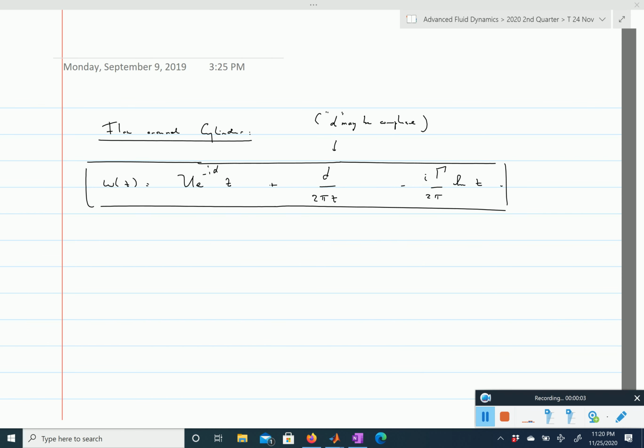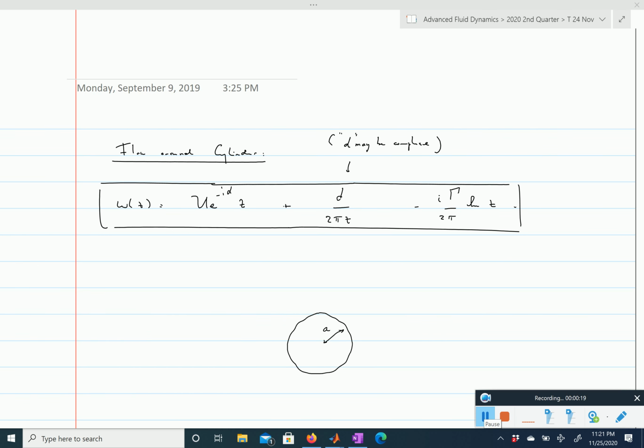Here we rederive the flow around the cylinder, but this time using complex potentials. And so what we want to find is the flow around a cylinder of radius a. And we will make it a little bit more complicated than last time.